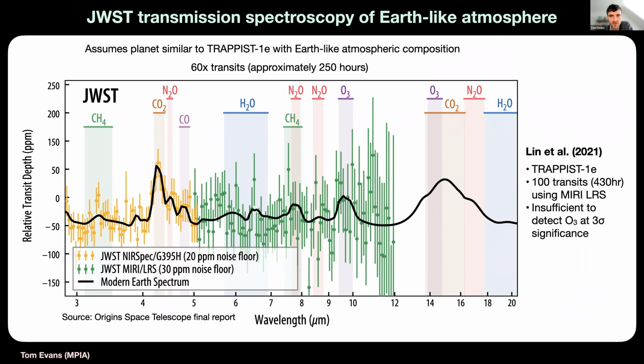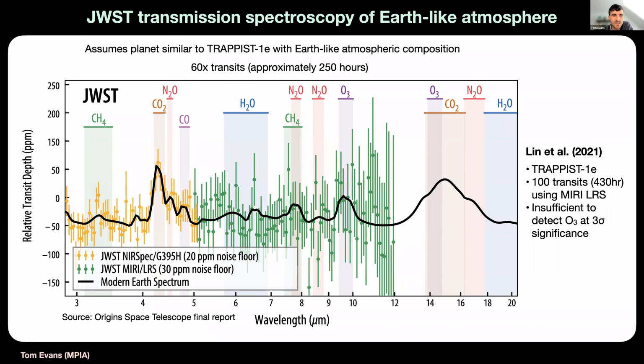And here's a figure from the Origins final report that shows what JWST could potentially measure if TRAPPIST-1e has a modern Earth-like atmosphere and we were to observe 60 transits. And so observations made with NIRSpec between 3 and 5 micron are shown in yellow, and those with MIRI between about 5 and 10 micron are shown in green.